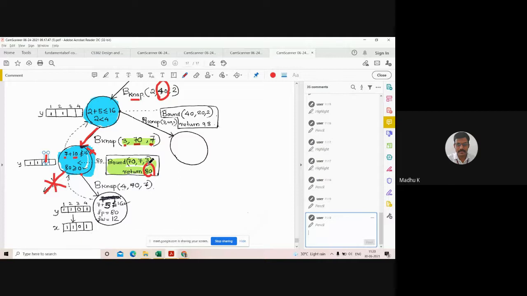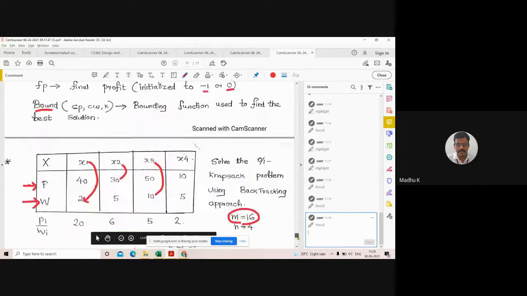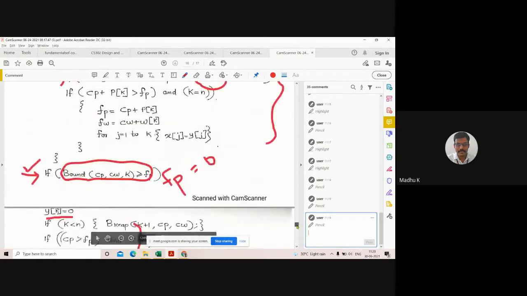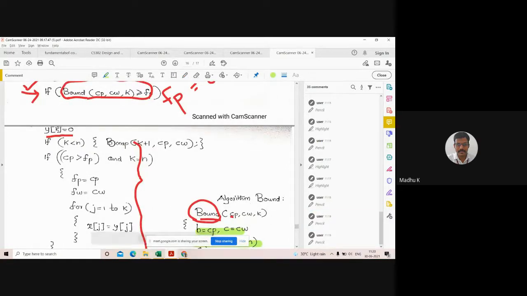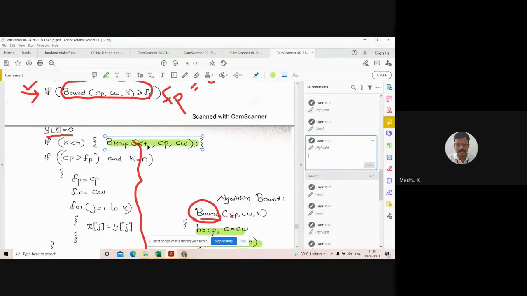Yes. So I will call the function again, bnap. If k is less than n, I will call bnap again with these parameters, k plus 1, cp, cw.